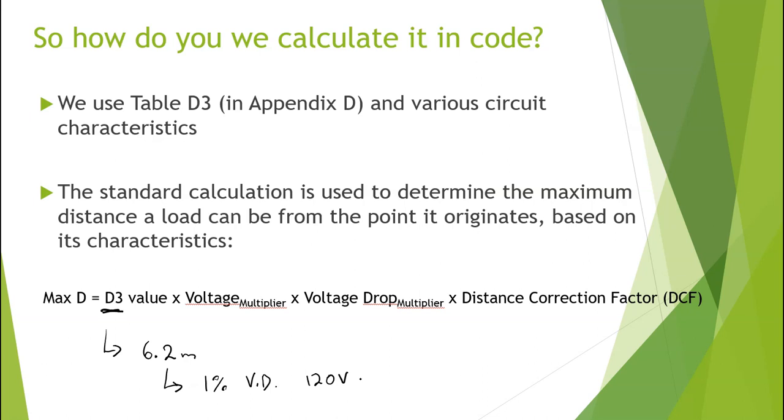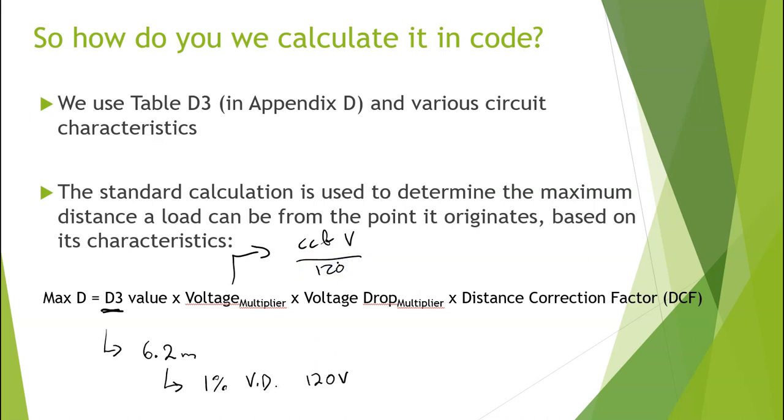So we must have some form of voltage multiplier, because if we have a larger voltage source for the circuit than 120 volts, then we would naturally be allowed to go further for the same percentage voltage drop. And therefore our voltage multiplier will always be based upon our actual circuit voltage divided by 120, which is what the table is based upon.